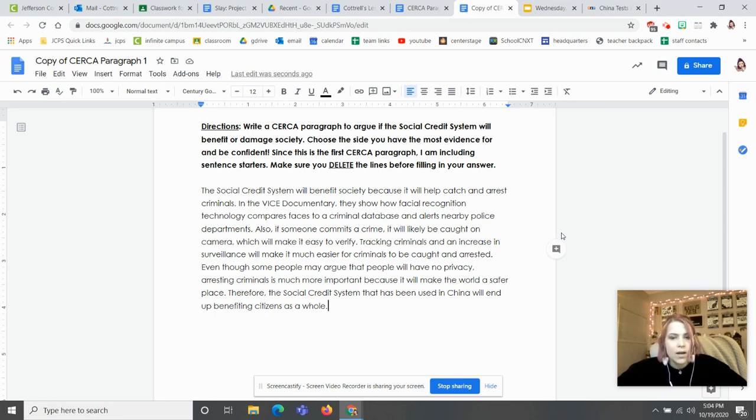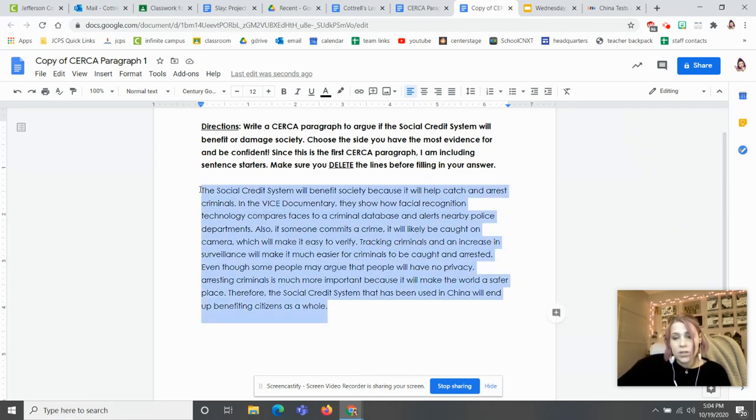Tracking criminals and an increase in surveillance will make it much easier for criminals to be caught and arrested. Even though some people may argue that people will have no privacy, arresting criminals is much more important because it will make the world a safer place. Therefore, the social credit system that has been used in China will end up benefiting citizens as a whole.